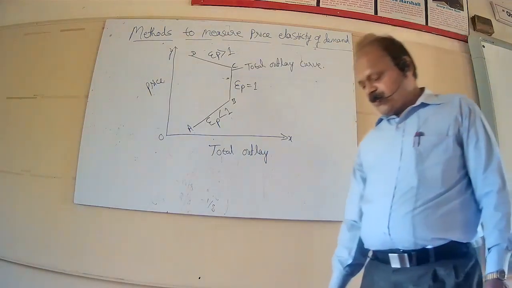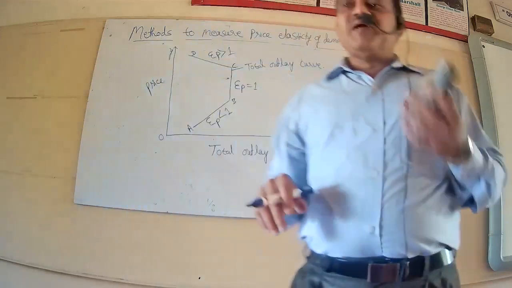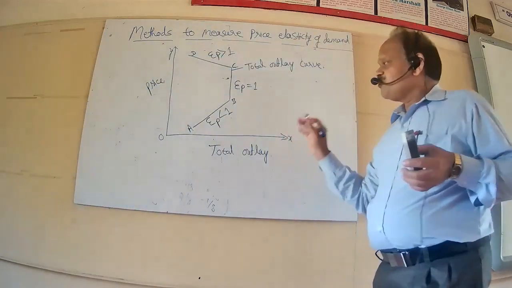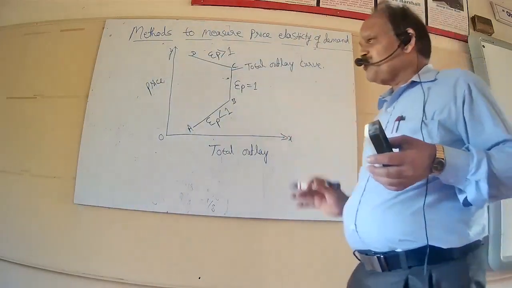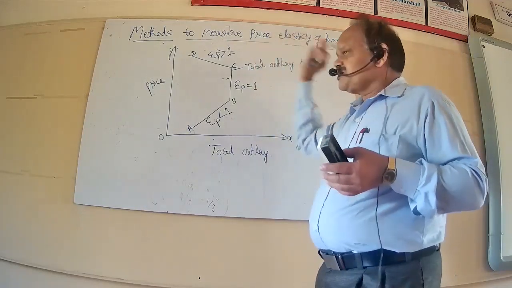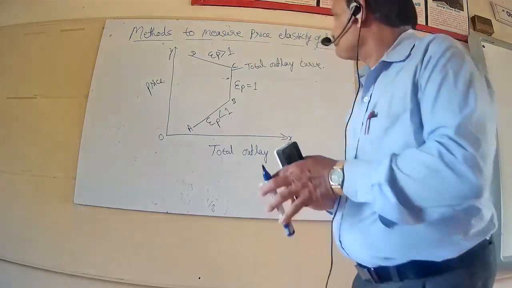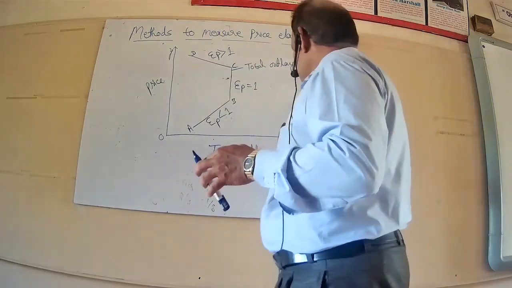Therefore, broadly in this method, we will analyze the behavioral changes made in the total outlay on a particular commodity as the price changes, and we can identify the 3 types of price elasticity of demand, excluding the extreme types. So this is the first method.